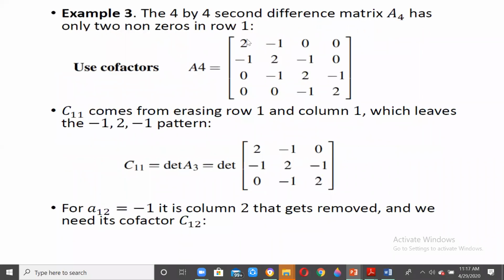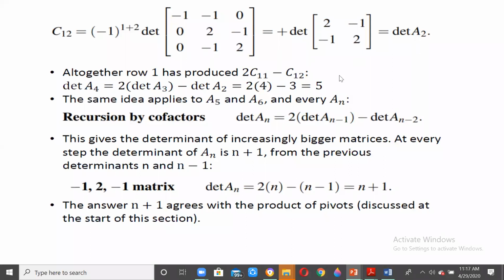So this multiplied by C11, this multiplied by C12 is what we have. And thus you can write that determinant of A4 is equal to 2 times determinant of A3 minus determinant of A2, and determinant of A3 is 4, determinant of A2 is 3, and you can substitute and you get the value of 5.